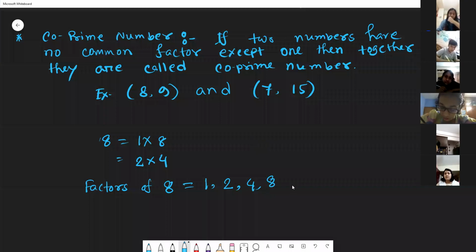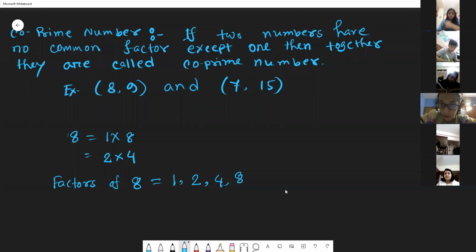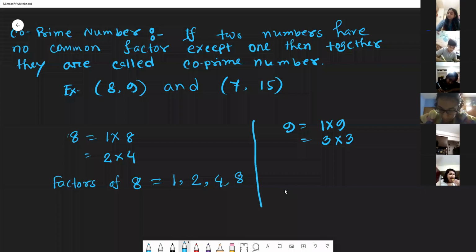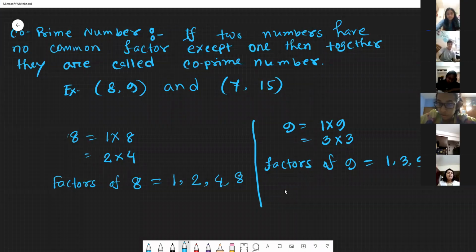Again, 9 equals 1 multiply 9, and 9 is equal to 3 multiply 3. So the factors of 9 are 1, 3, 9.